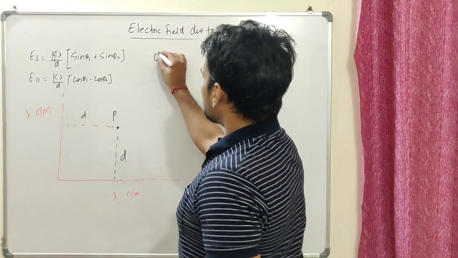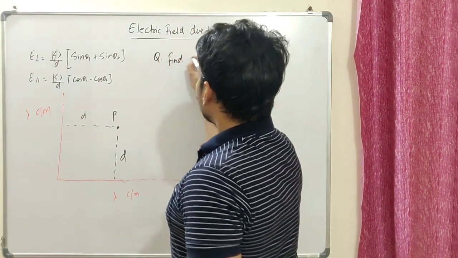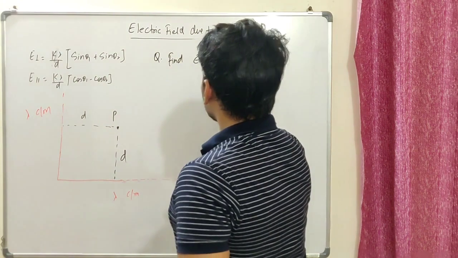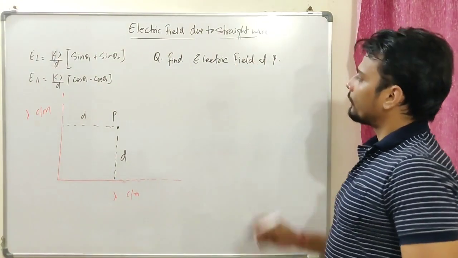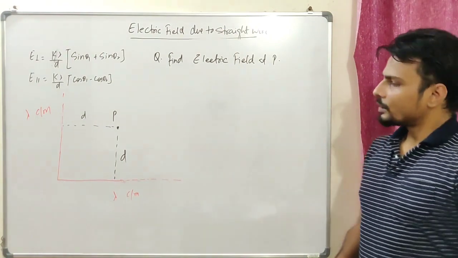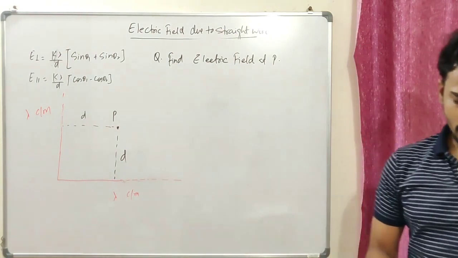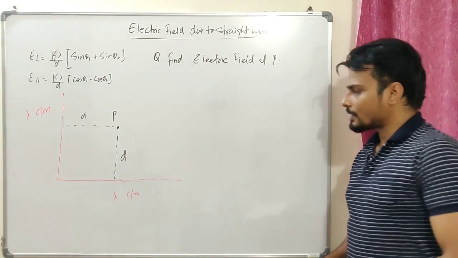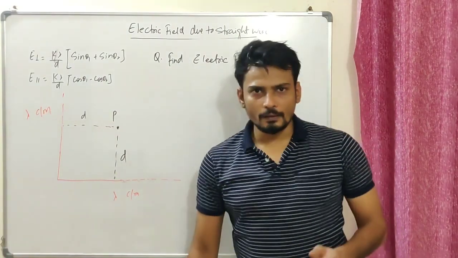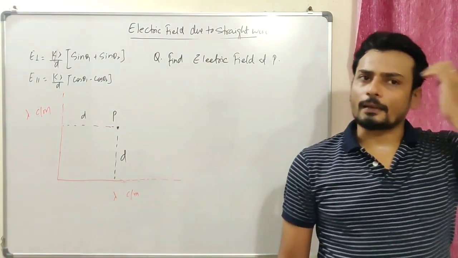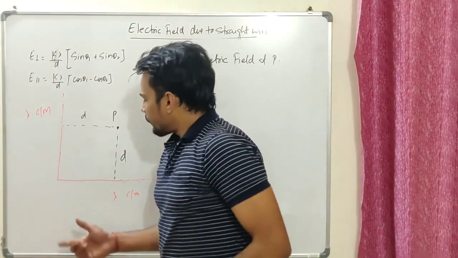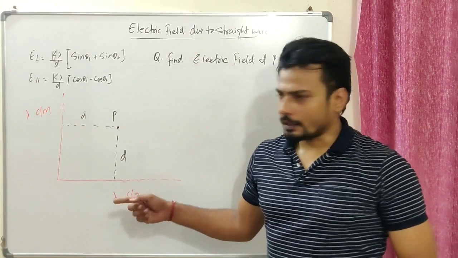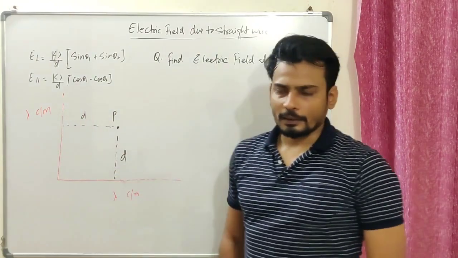So the question is, find the electric field at P. I would like you guys to pause the video and try it on your own, and then you can discuss this together. All okay? Fair enough. Now let's see. In this case, let us talk about the electric field by this wire first, and then we can talk about the electric field by the other wire.